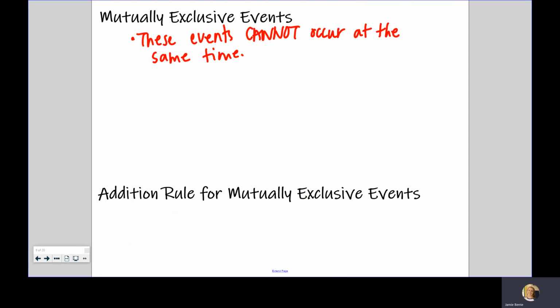So that would be mutually exclusive events. Here's some more examples of mutually exclusive events. They list a bunch in the book. You cannot roll a 1 and a 6 on a single roll of a die.